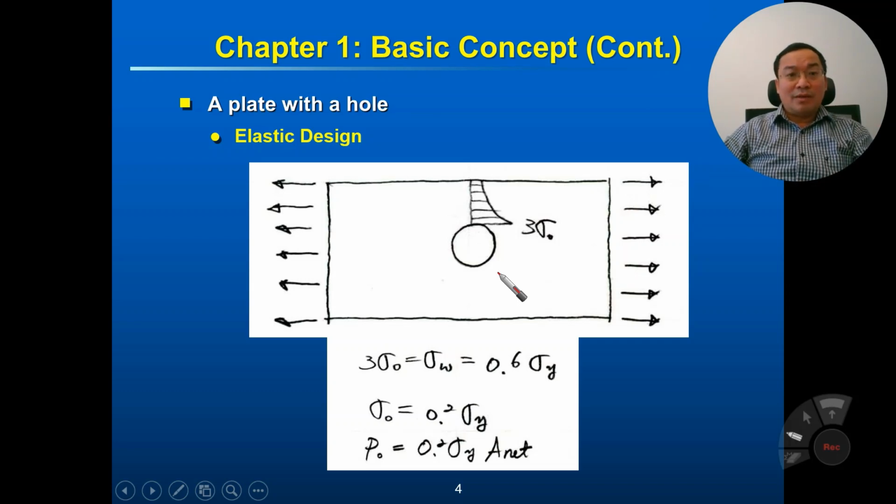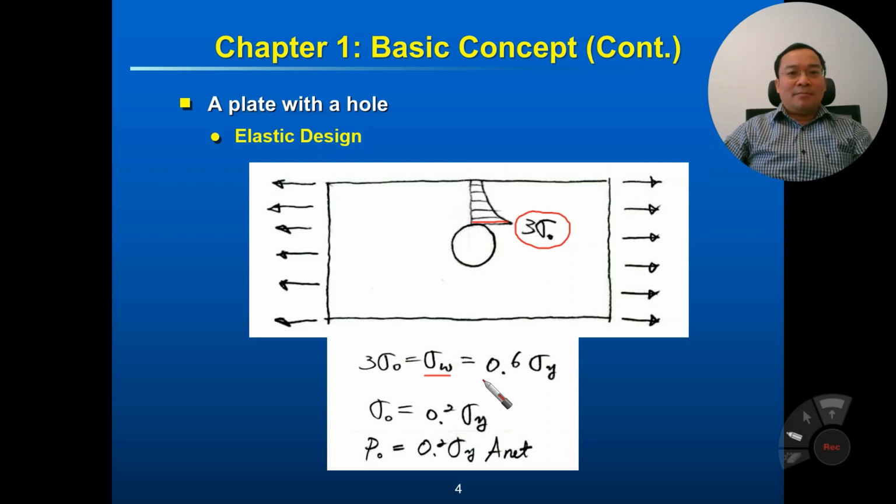Do you remember? You already know. It means the highest stress should not exceed sigma w. Sigma w means allowable stress in elastic design.